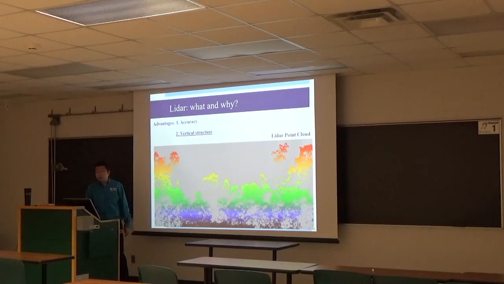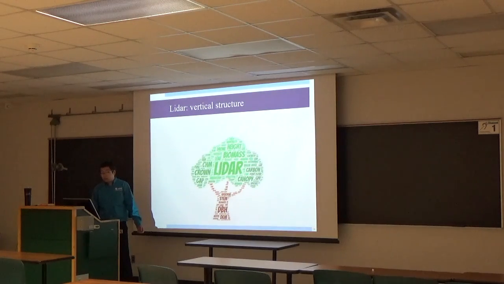The other thing is the vertical structure. That's the most important part of the LiDAR. So it gives the opportunity to access the vertical structure of the forest without touching it. So with the vertical structure, it makes it possible for a lot of things, for the forest inventory or the forest measurement.